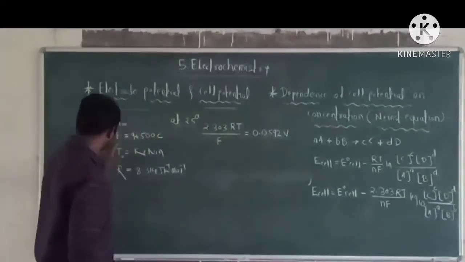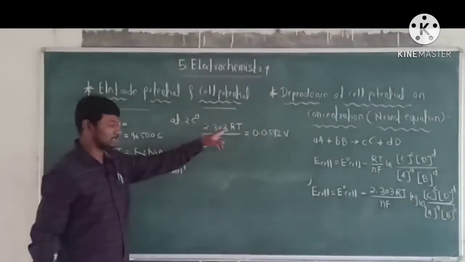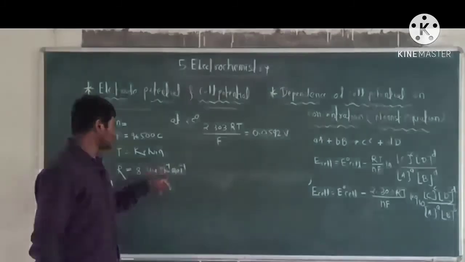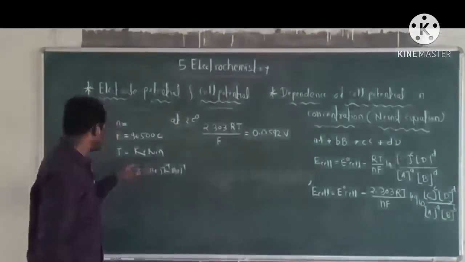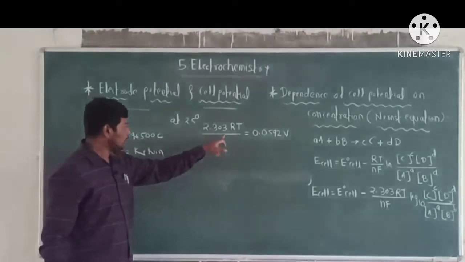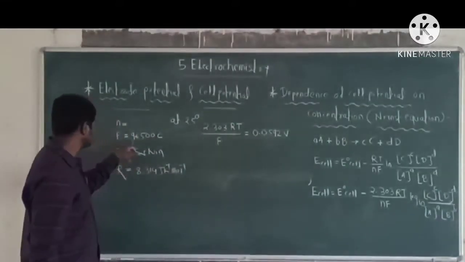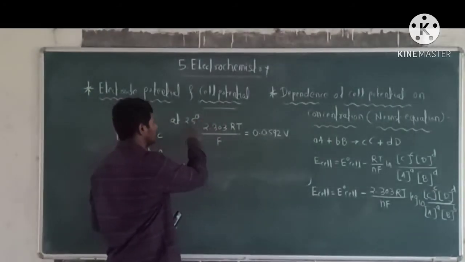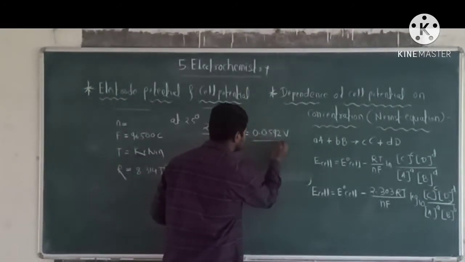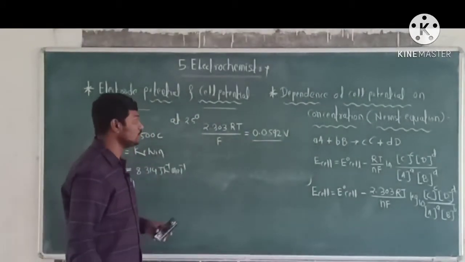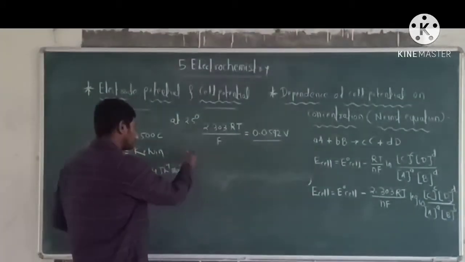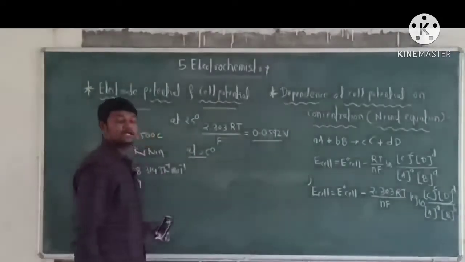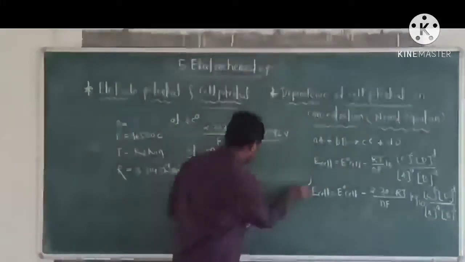Put the values: 2.303 into R, which is 8.314 joule per Kelvin per mole, into T, the temperature, divided by F, which is 96500 coulomb. Solving this at 25 degree Celsius, we get 0.0592 volt.